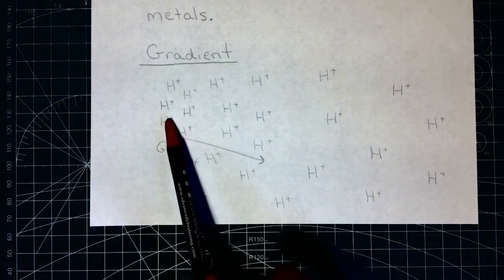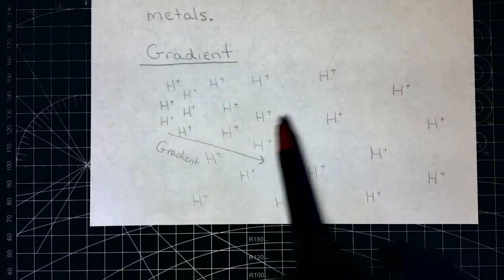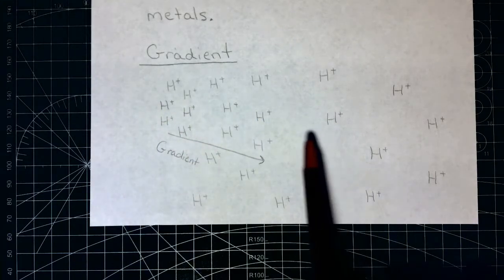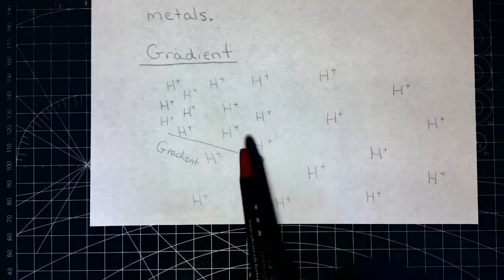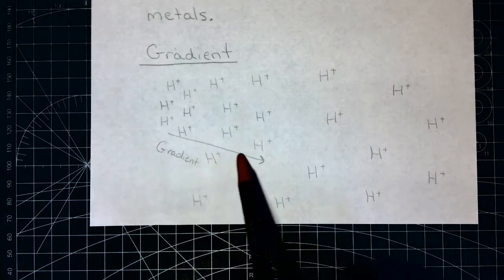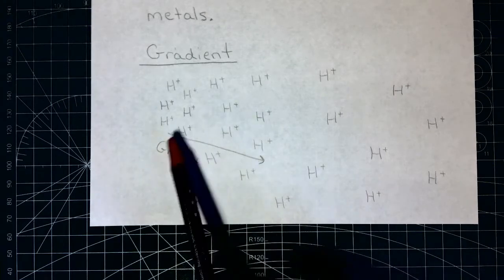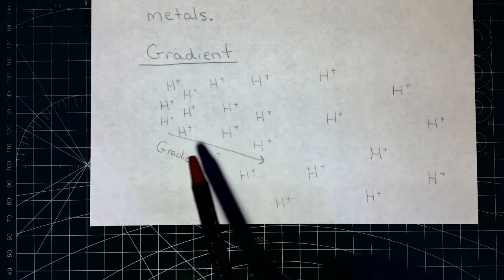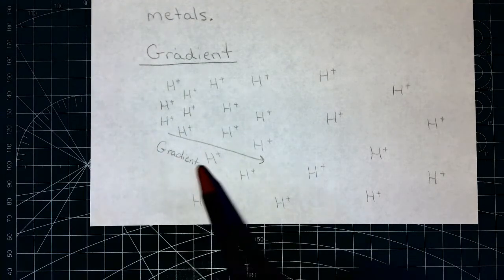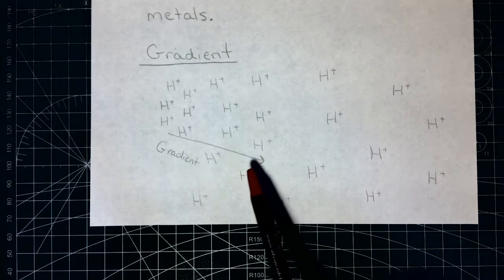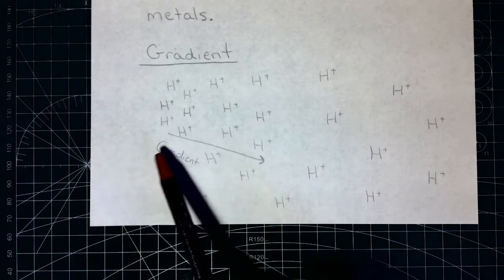And the reason that they're moving from a concentrated area to a less concentrated area is because being further away from each other is releasing energy. So in having a gradient, we're going to release energy. And this is the way a lot of biological reactions are going to power themselves.